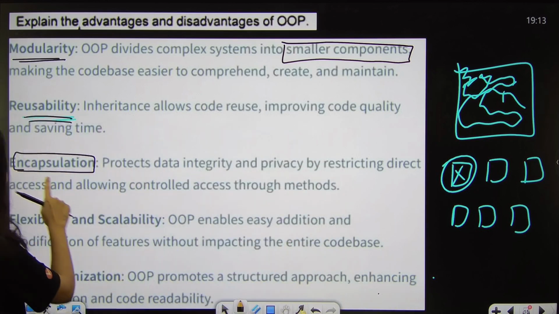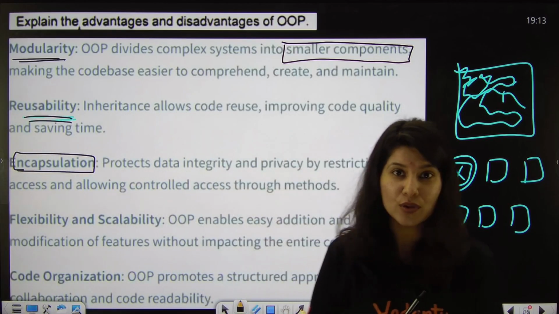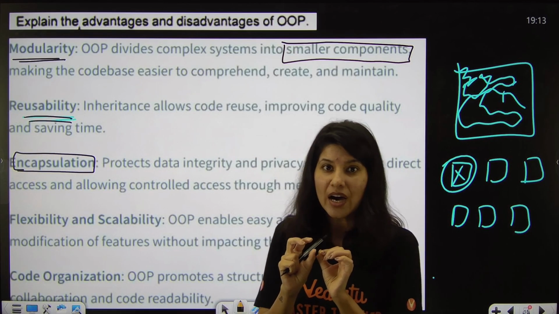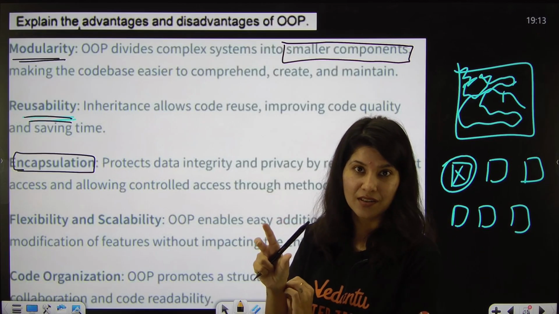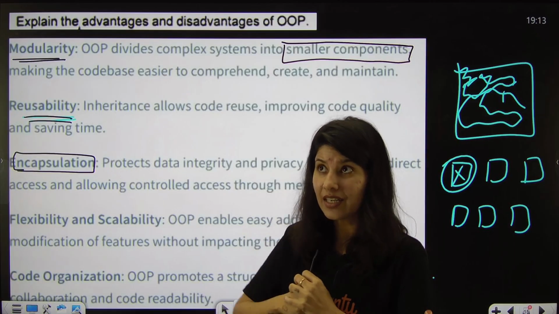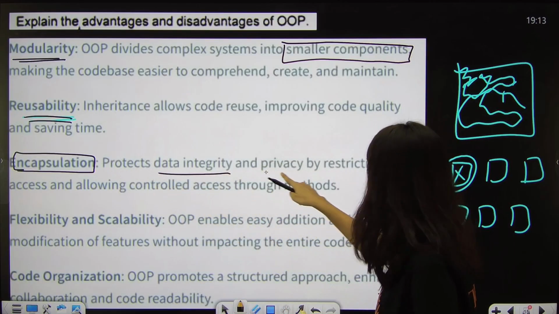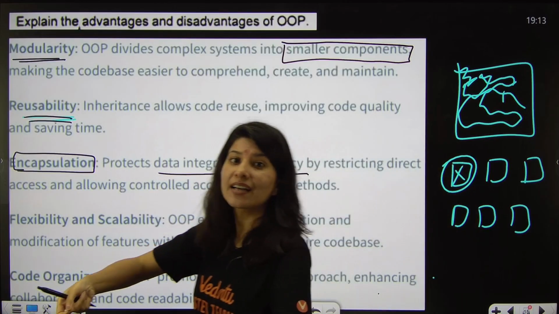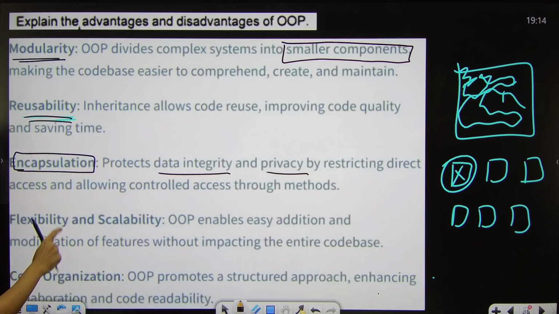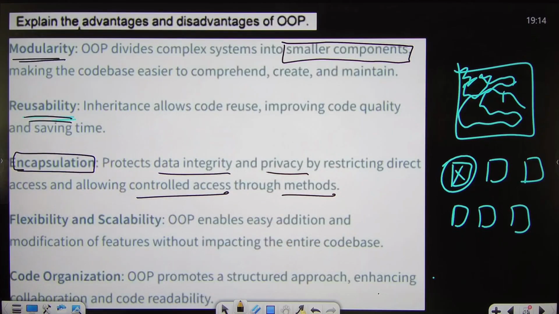And here comes encapsulation. It shows only the necessary parts to the user, not the important part. It protects data integrity and privacy by restricting direct access and allowing controlled access through methods. Very important in object oriented programming.